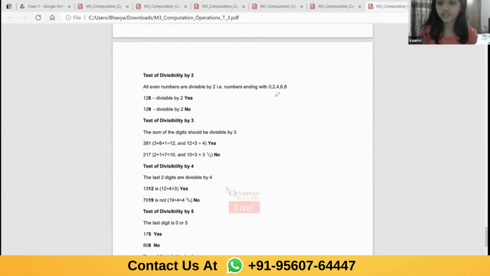Now to check whether a number is divisible by 5 or not, the simple rule is again to check the ones place of the number. If the number ends with 0 or 5, then it is divisible.